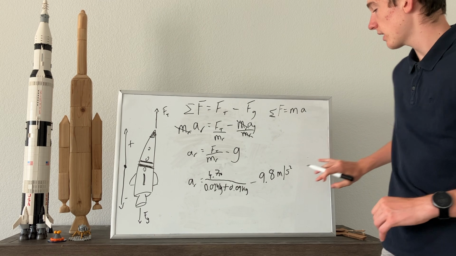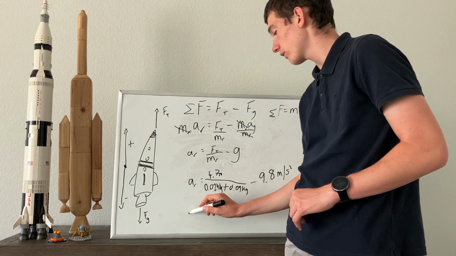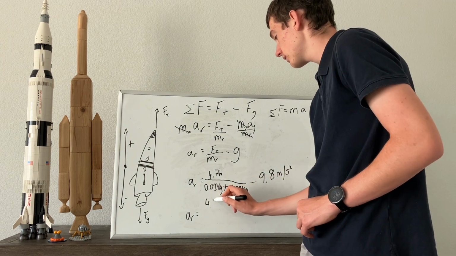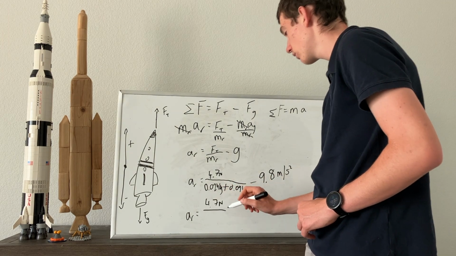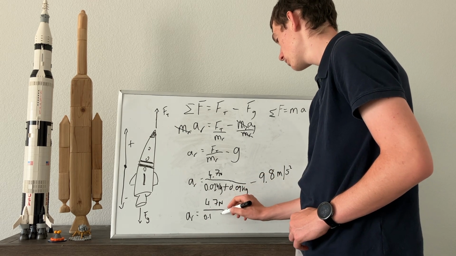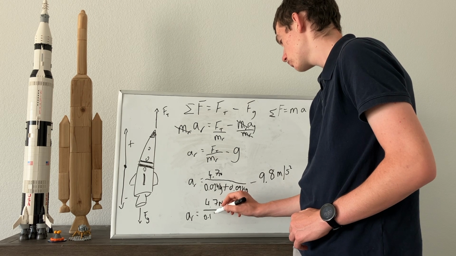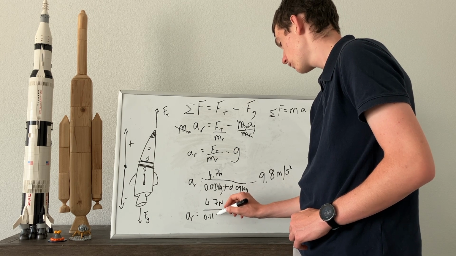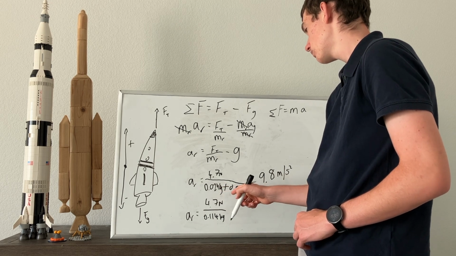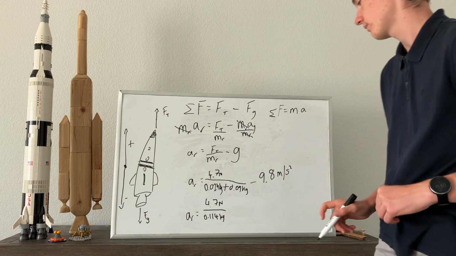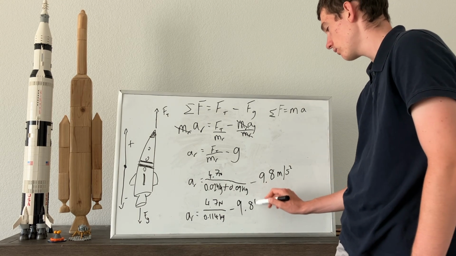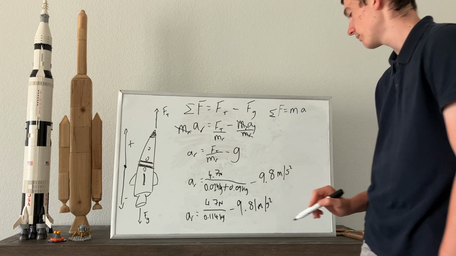So after we do all the math for this, we will be given our value for the acceleration of the rocket, which is equal to 4.7 newtons over, if we add that up, 0.114 kilograms, I believe. We had 24 plus 90, 114. Yes. Minus 9.81 meters per second squared.